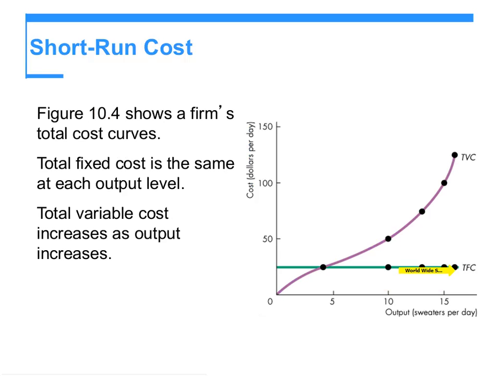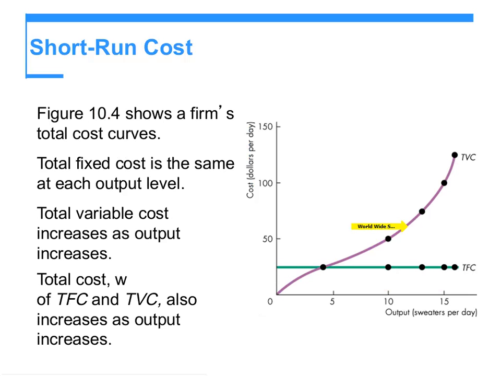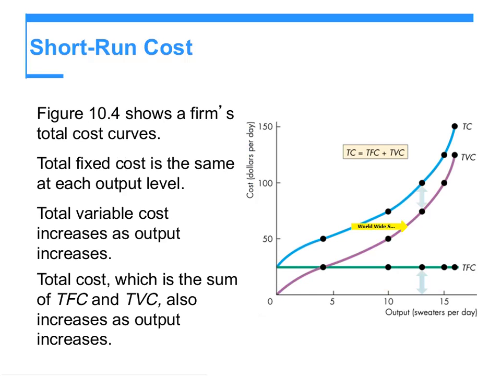As you can see, the moment that your variable cost as input goes up, this one goes up. And we have this total cost, which is the sum of both. The sum of these two, this purple and green, will be this total cost. TC equals TFC plus TVC.